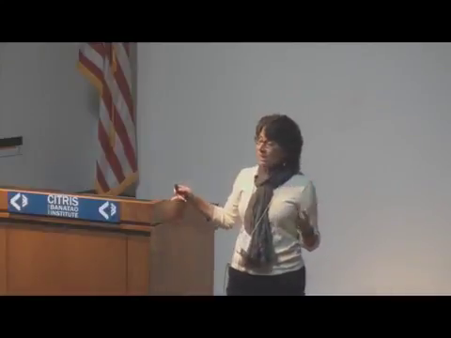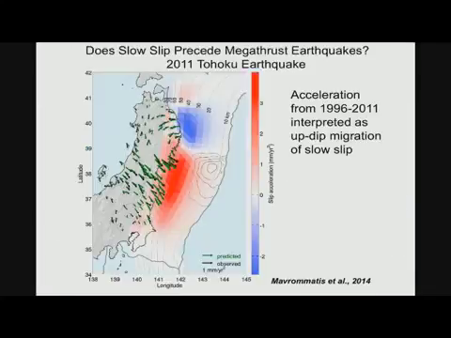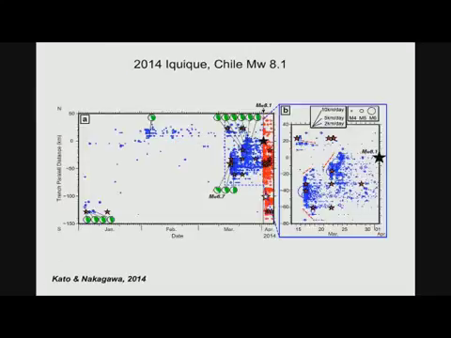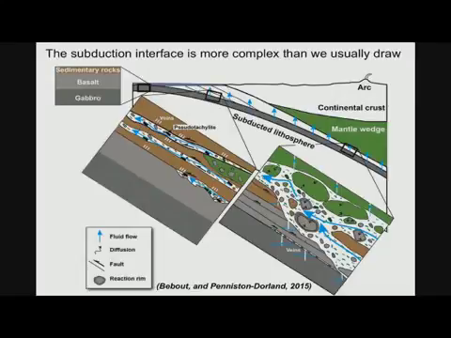And so people believe that the physics that control them is very different from earthquakes. There are some models out there, and a lot more models being proposed. I think it's a really important aspect. We don't really understand it. So with that, I'm going to end here with this picture, that things are complicated.